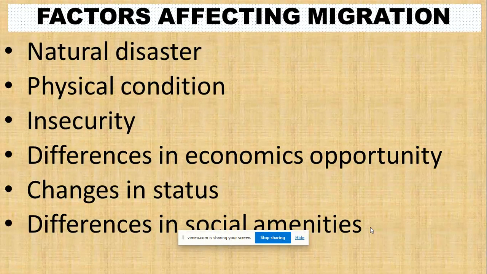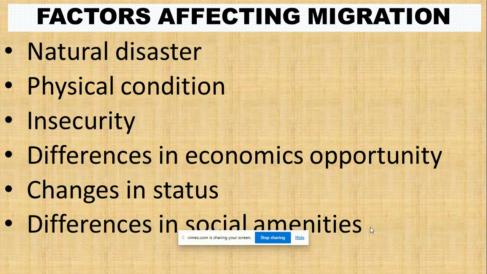Then when there's no security, insecurity also makes people move out to where there is security. Differences in economic opportunities: when the economy of a particular country is not good, people will like to move to where there is a good economy.